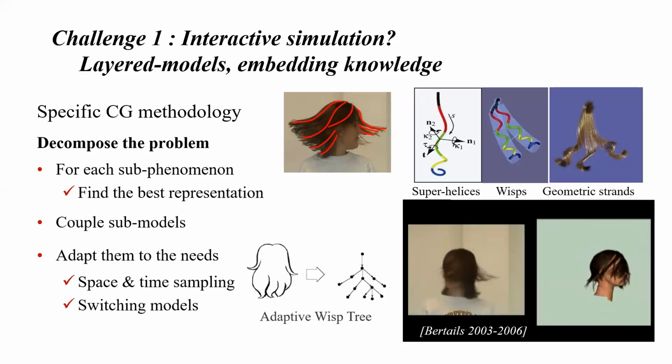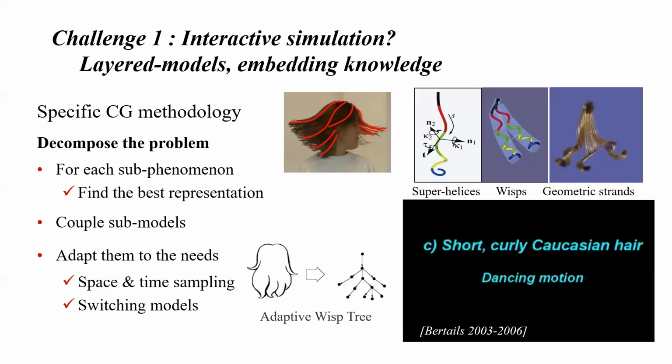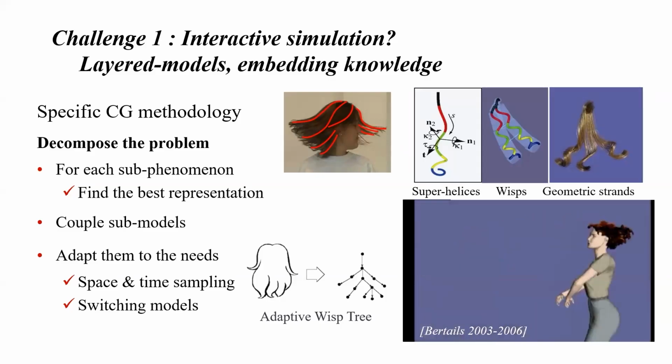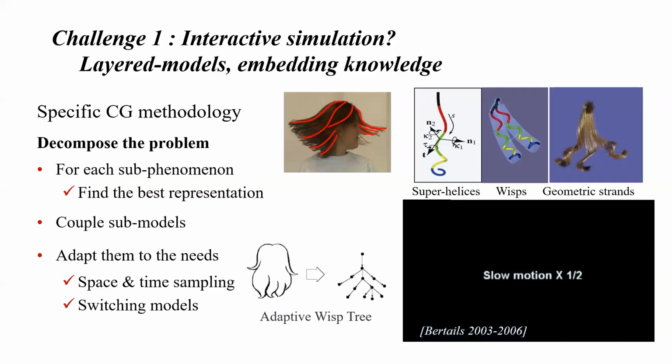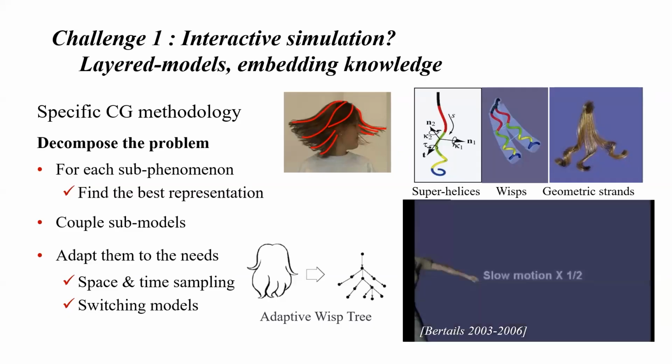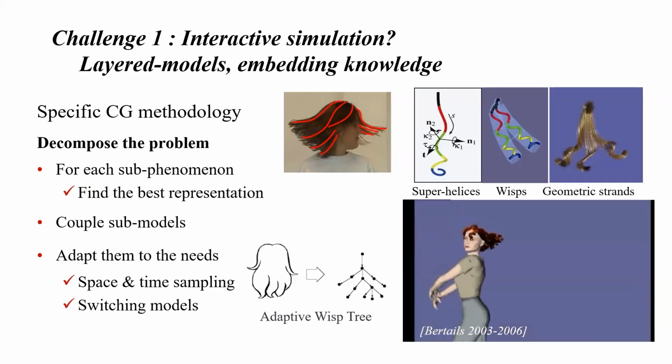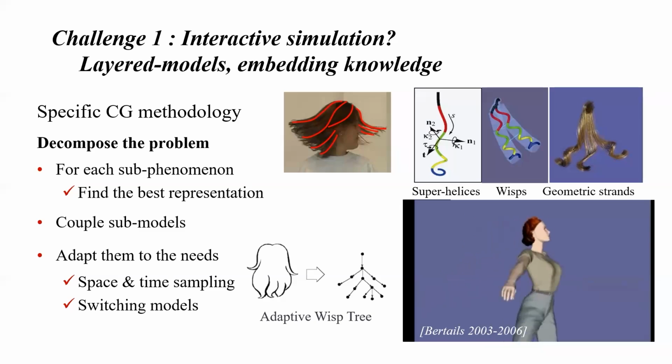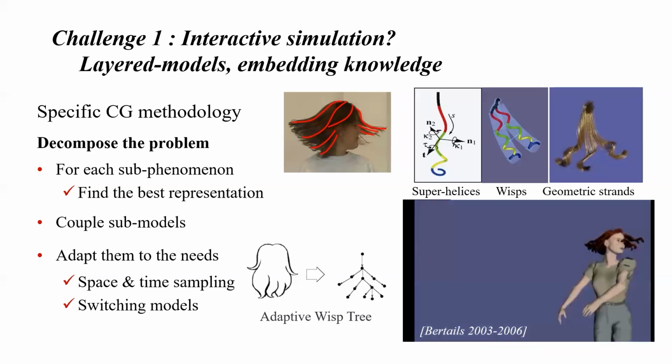And so this can be done for straight hair, but if you set some rest curvature on this hair, you can have hair strands that are curled, and when the motion is quick, like for this dancing motion, then the wisp of hair will extend, but at constant length for each strand, like a kind of spring that extends and comes back. Of course, what is nice with this methodology is that each submodel can be adapted to the needs.